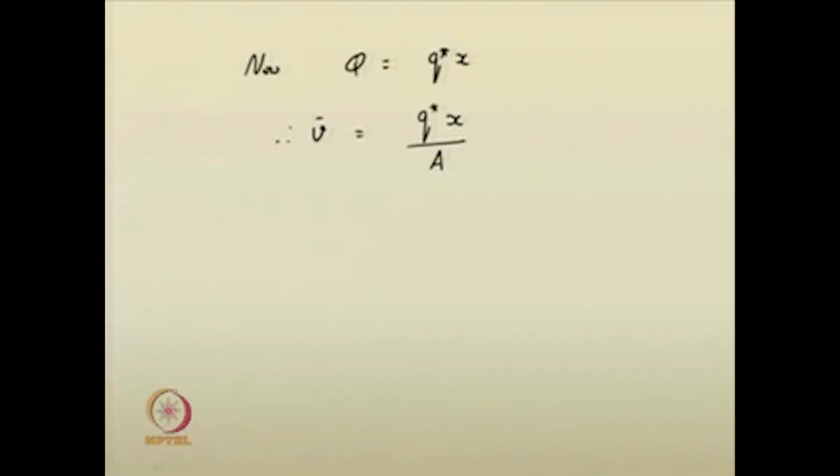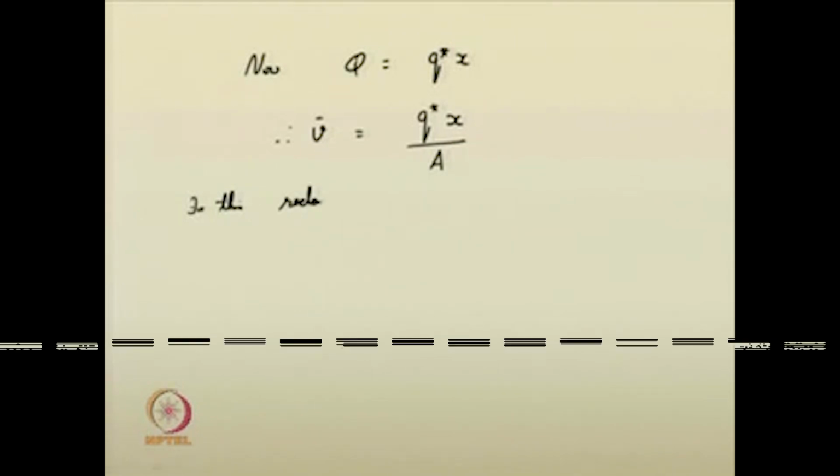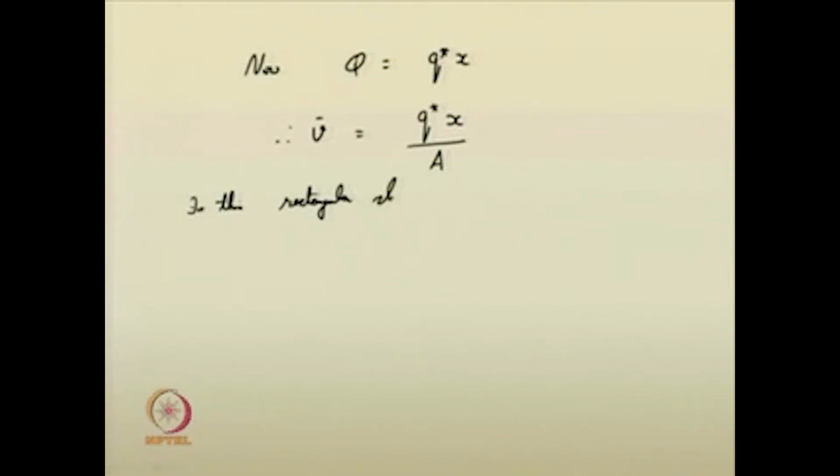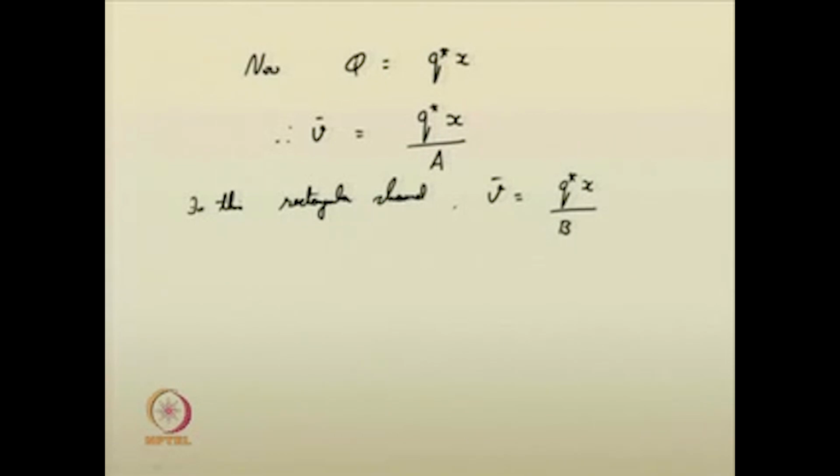Now, Q is equal to q star into x. Therefore, your average velocity becomes q star into x divided by area. For this rectangular channel, V bar is nothing but q star x by B y.